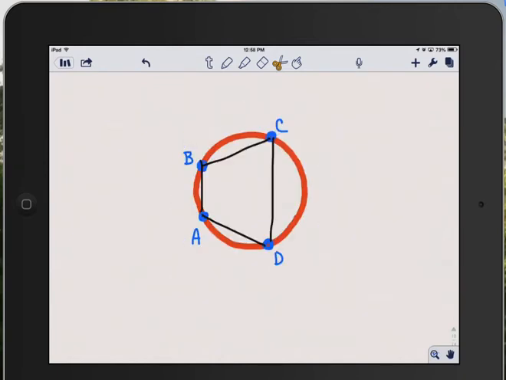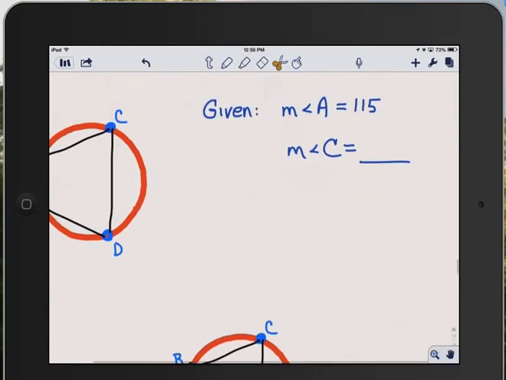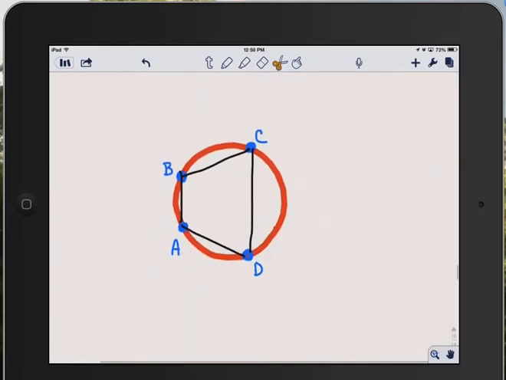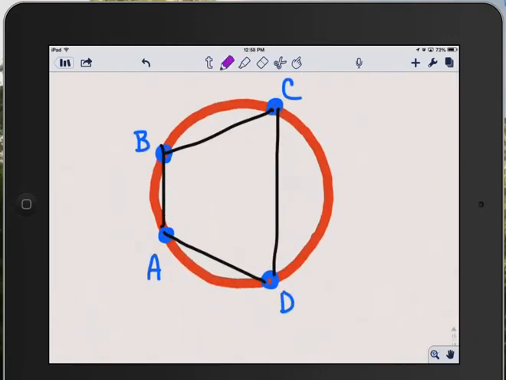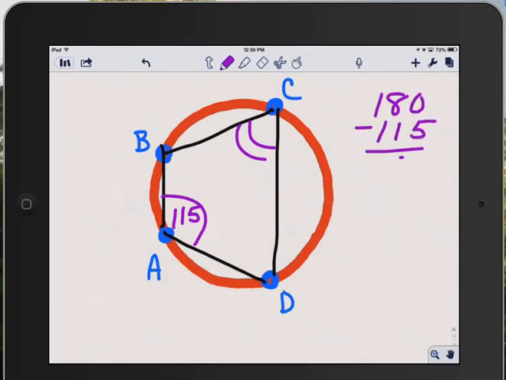The easy way of doing the problem is if an angle is given, such as angle A is 115, if it's an inscribed quadrilateral, which it is here because all four vertices are points on the circle, opposite angles for an inscribed quadrilateral are going to be supplementary. So supplementary means they add to equal 180. We subtract 115 from 180 and we get 65. And that is the answer to the question.